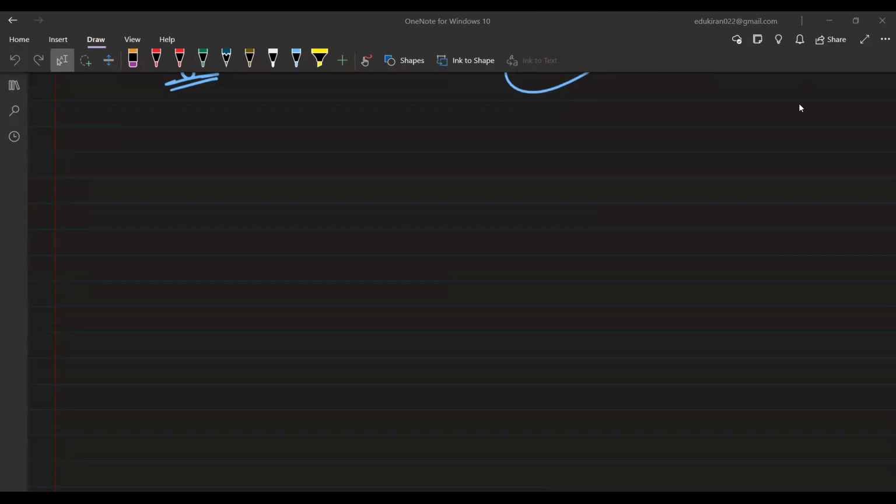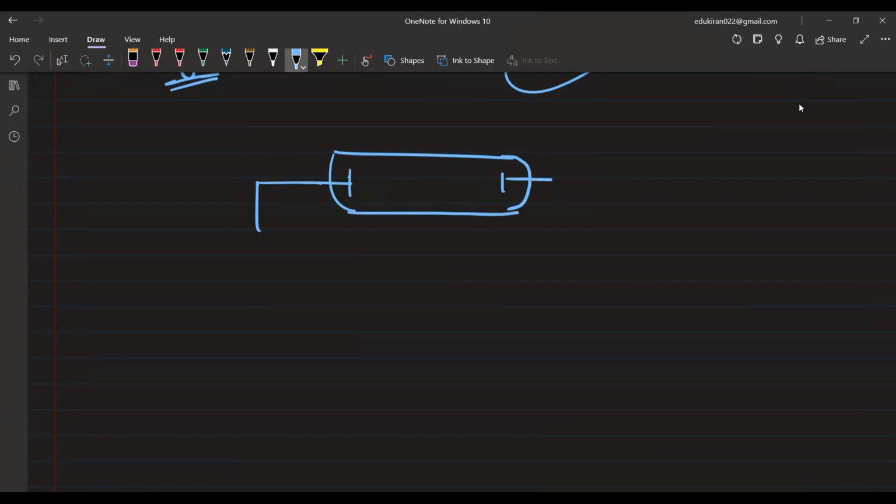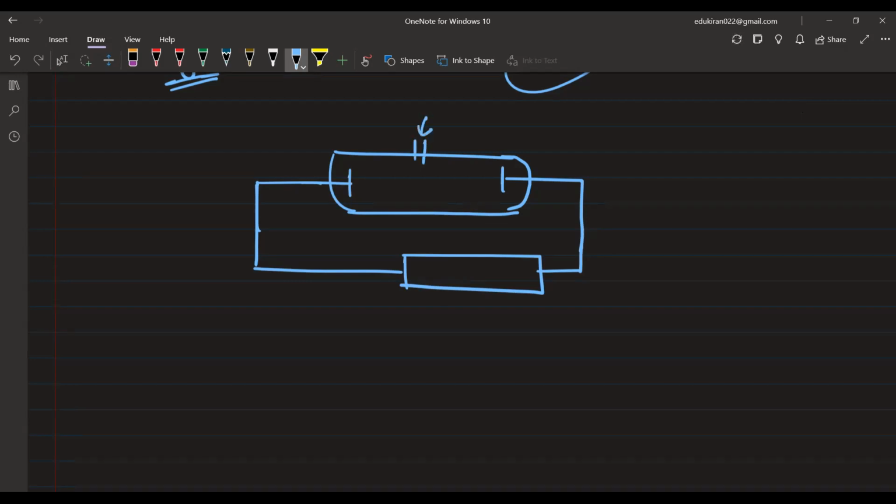This discharge tube contains a plate like this, and then there is a glass tube, and these two plates are connected with a high voltage source. There is also a vacuum pump which keeps the pressure very low, because we have some gaseous atoms inside the discharge tube.